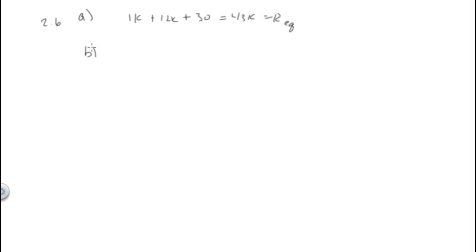Now for B, you'd have to answer it for switch A open. You have an R equivalent of 100 ohms plus 50 ohms, and that's equal to 150 ohms. Now A closed, B open. Now we have 150, we redraw, and we have what? We have 4K, right?